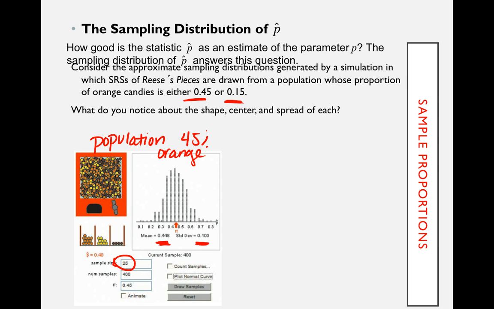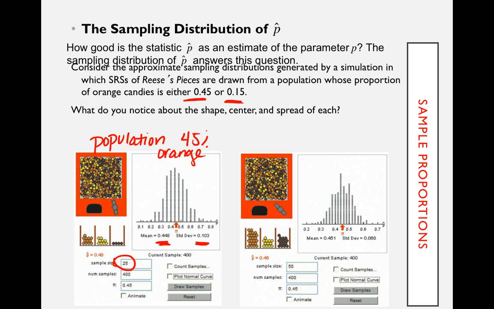In this case, with 45% orange, the distribution is pretty symmetric and single peaked, so we can say it's roughly normally distributed. Now consider a second scenario where we are still looking at 45% orange, but this time taking samples of size 50.